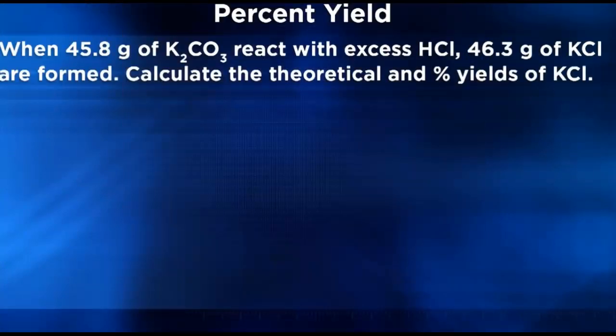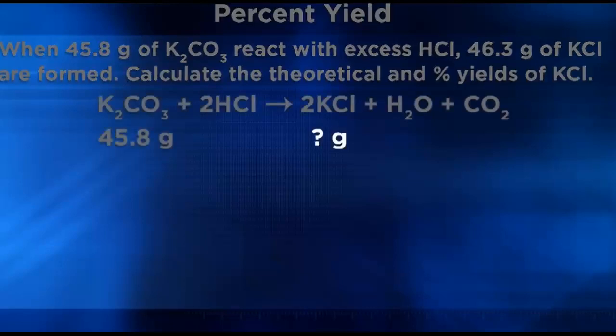Let's say you work in a lab manufacturing potassium chloride. When 45.8 grams of potassium carbonate reacts with excess hydrochloric acid, 46.3 grams of potassium chloride are formed. Calculate the theoretical and percent yields of potassium chloride.